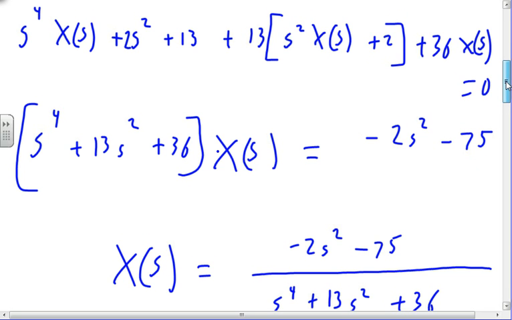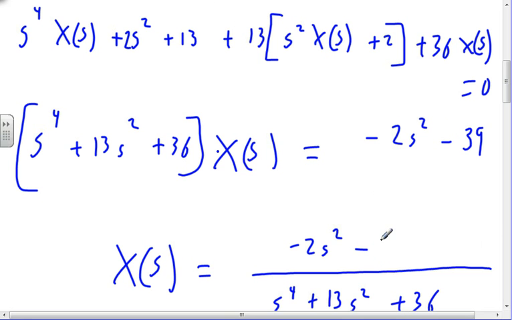Why did you have 36 since it's part of the x of s? Oh, yeah, good point. Alright, so this is really a 39, not a 75. I think it's because it's too late in the day.